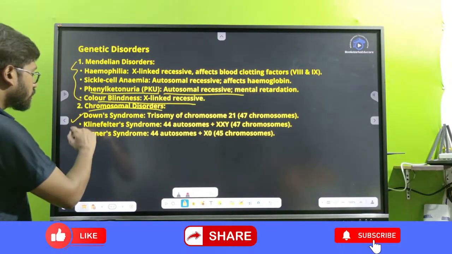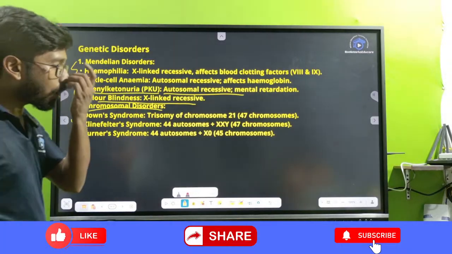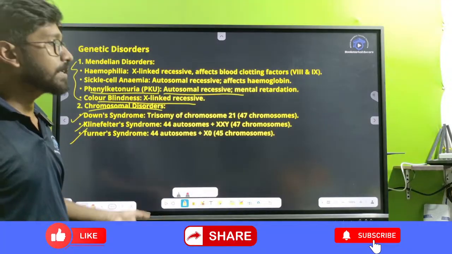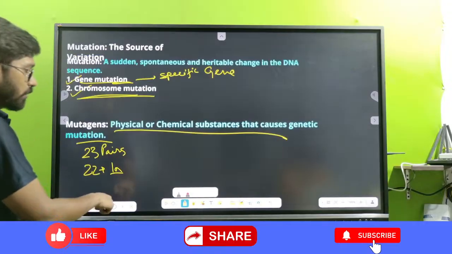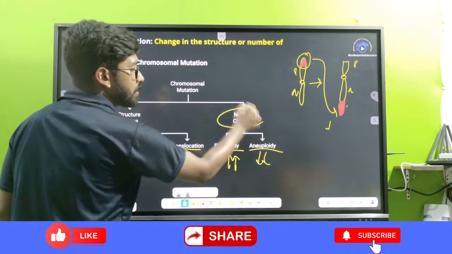Chromosomal disorder, Down syndrome, Klinefelter syndrome, Turner syndrome, all this chromosomal factor is due to number changes.